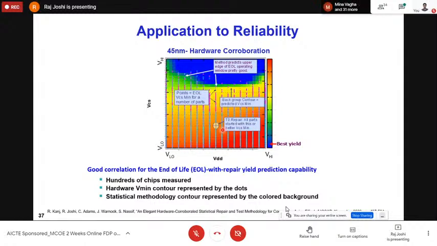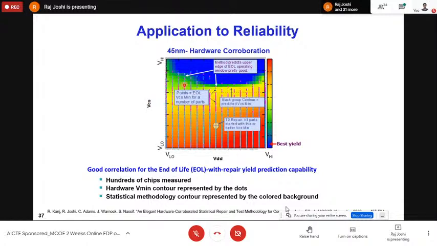If you apply higher temperatures as well as higher voltages, you can get the end of life of a chip. Now, what does this graph show us here? It's VCS as a function of VDD. These are two voltages on a chip.